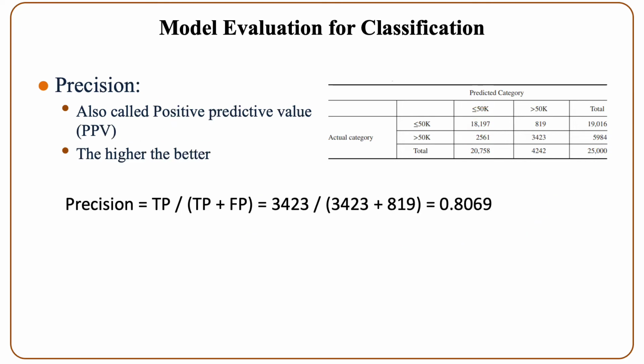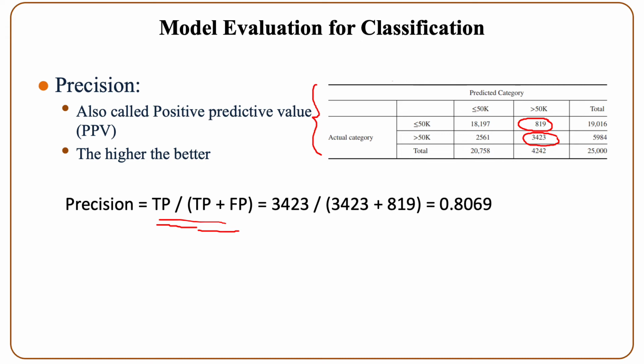Next, we talked about precision. Precision is also called positive predictive value, or PPV, and it is defined as the ratio between the true positive and the sum of the true positive and the false positive. From the confusion matrix, we look for the true positive, which is here, as well as the false positive, meaning actual classifications are negative, but misclassified as positive. So we plug those in.